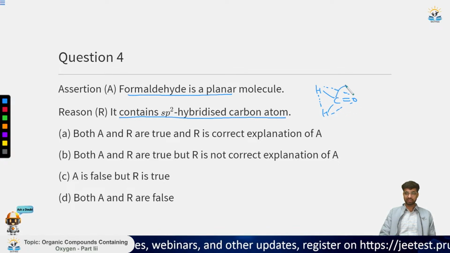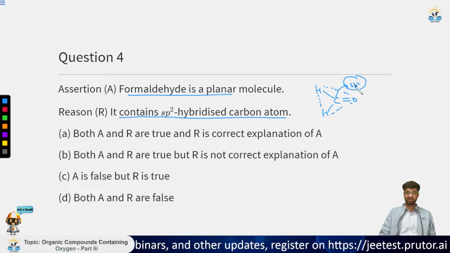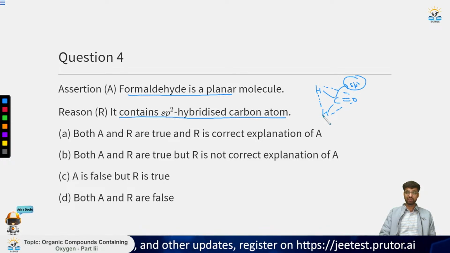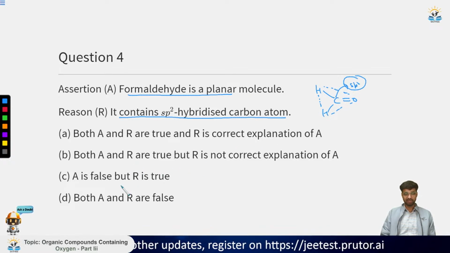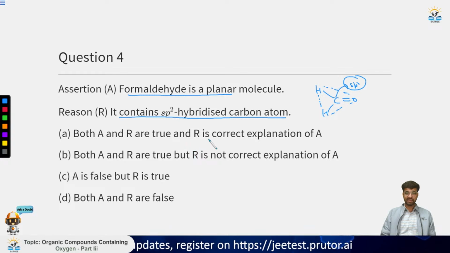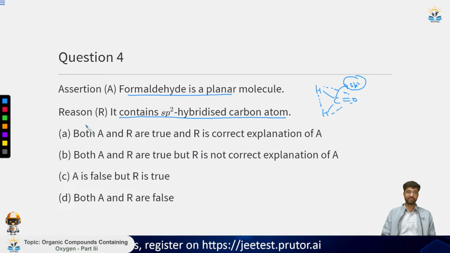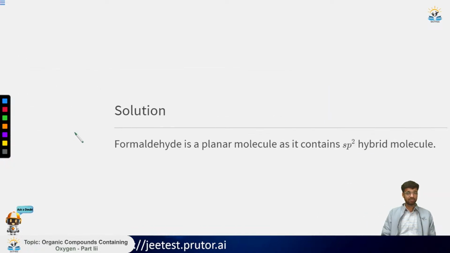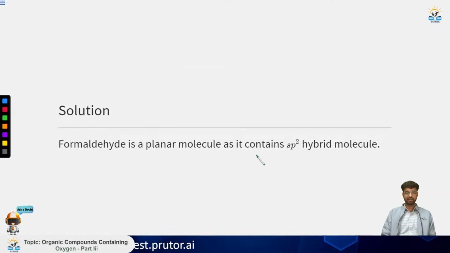This is the reason it is planar in nature. So both A and R are true and R is the correct explanation of A. So this is the correct answer, the first one. It is correctly written.